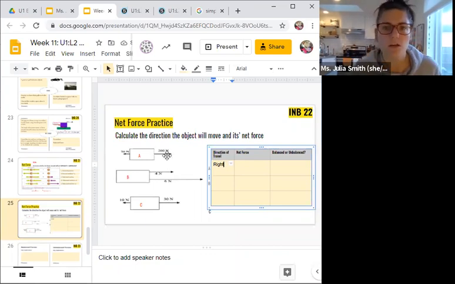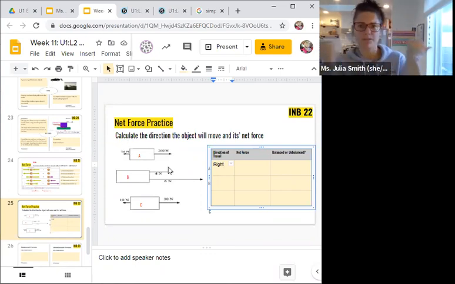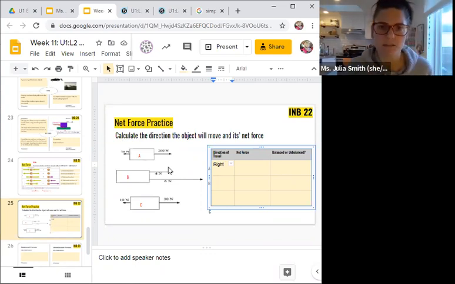So I know the force pulling on the right is stronger, but by how much stronger is it? So I'm going to look at my measurements. I have 200 newtons here, and I have 30 newtons here. They're pulling in opposite directions, which means 30 of these newtons cancel out 30 of these newtons.